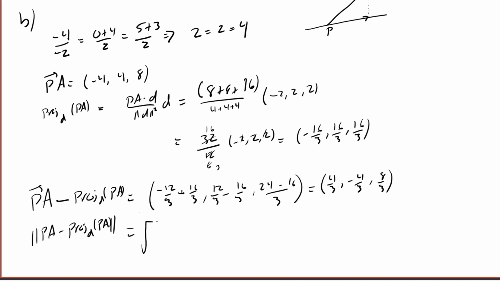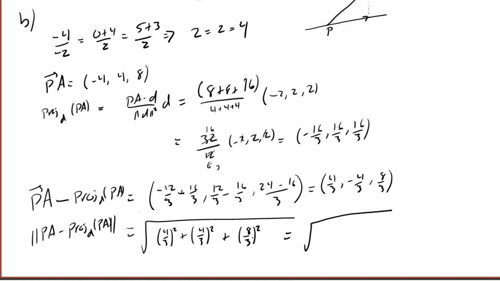Okay, so that's going to be square root of 4 over 3 squared plus 4 over 3 squared plus 8 over 3 squared. So that's square root. I can factor a 3 squared out of each of these, and if I bring it out, I get 1 over 3.